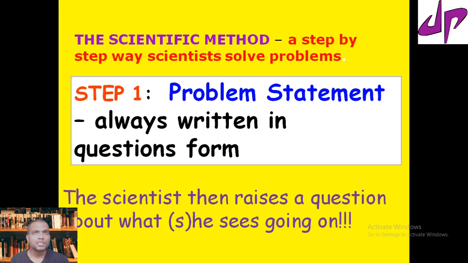Suppose this year there is no rain at all. That is the observation we made. So the first question we need to ask is, what would be the cause? Always in the observation, the very first step is in the form of a question. So that's the very first step in the scientific method.